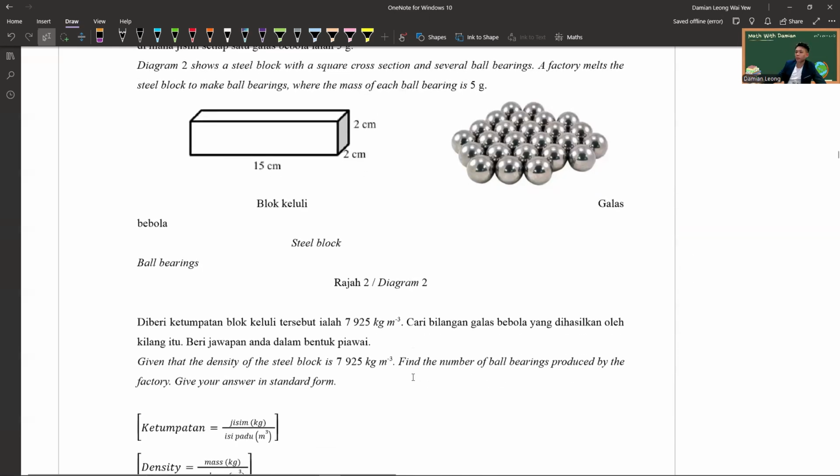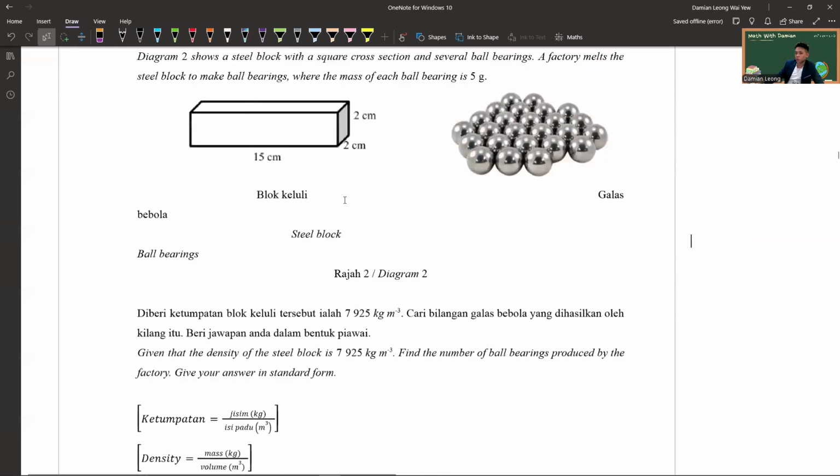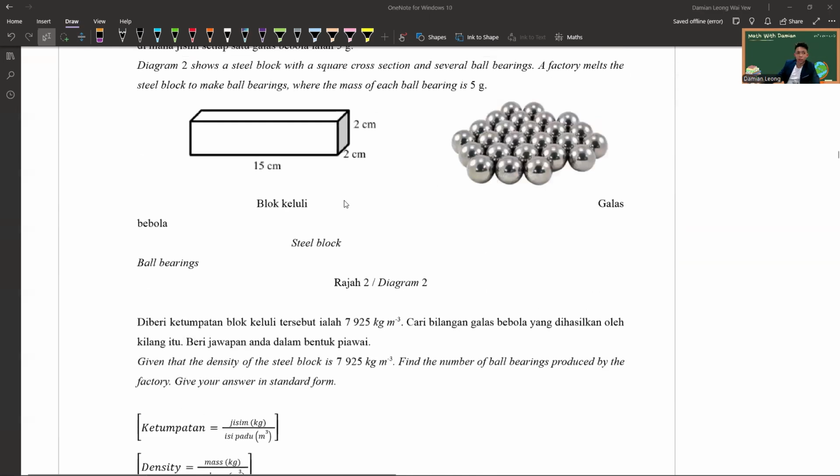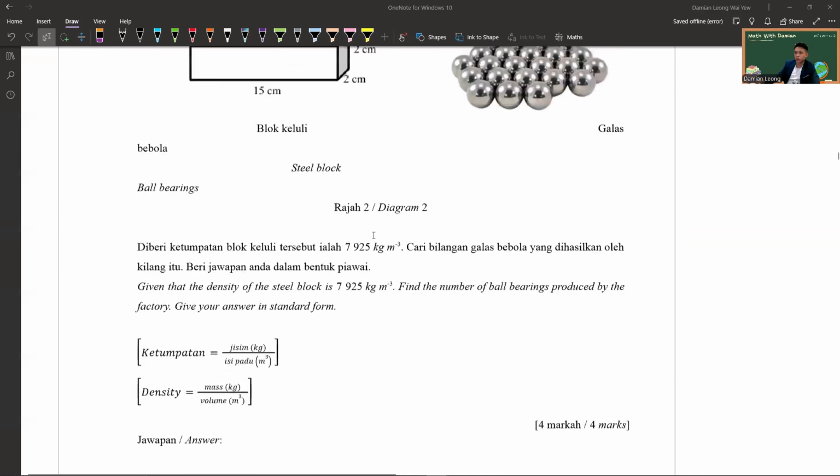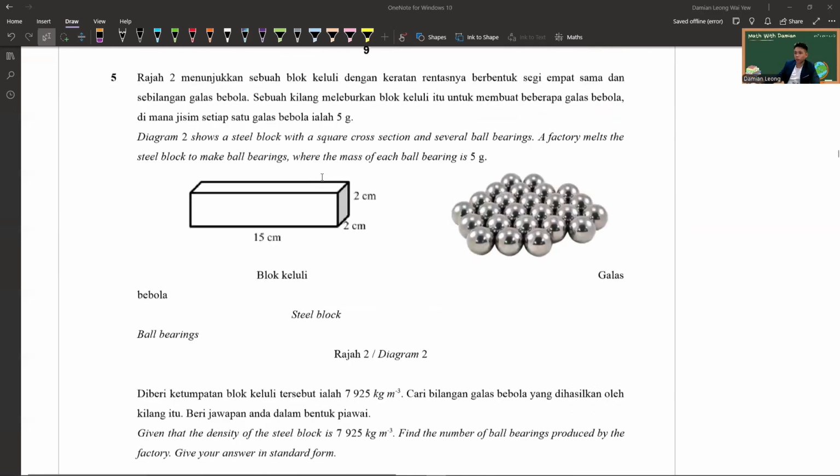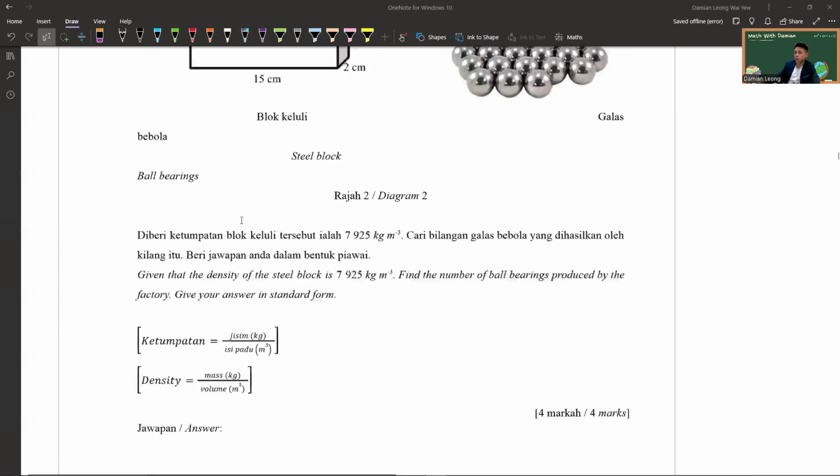So you need to calculate and put the answer in standard form. So yeah, let's calculate the volume of the steel block first.